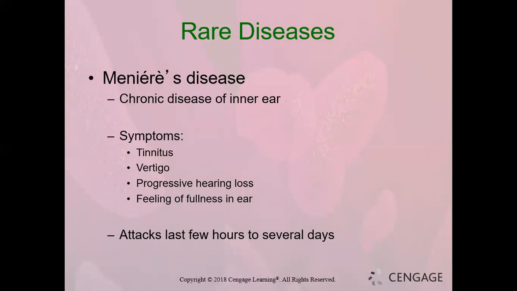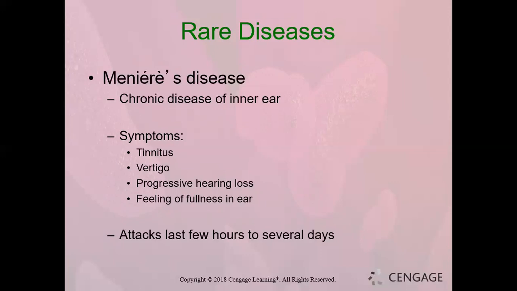Meniere's disease is a chronic disease of the inner ear. This causes ringing in the ears, dizziness. People will get a progressive hearing loss, and they're going to have a feeling of fullness. This can also cause motion sickness due to that vertigo. So if you have somebody who has motion sickness already, and then you add that vertigo or dizziness and the ringing in the ears, they can have nausea and vomiting, and attacks can last a few hours to several days.